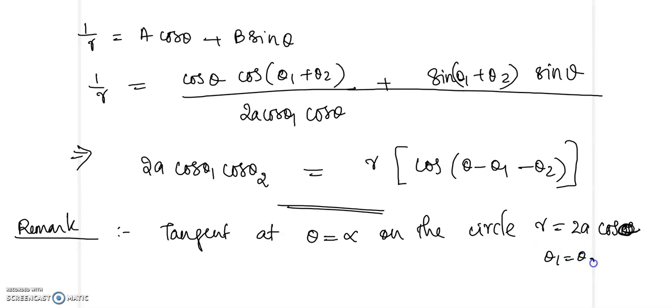So theta 1 equal to theta 2 equal to alpha. So we will get 2a cos square alpha equal to r cos (theta minus 2 alpha). So that is going to be the equation of the tangent at theta equal to alpha on the circle r equal to 2a cos theta.